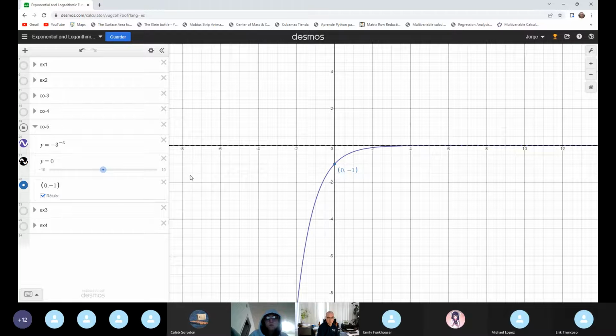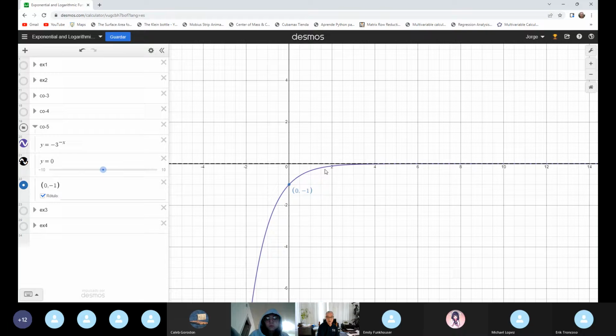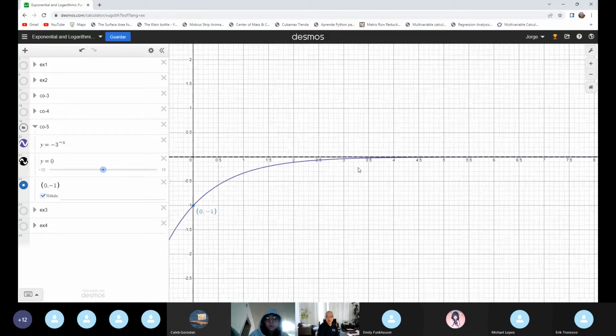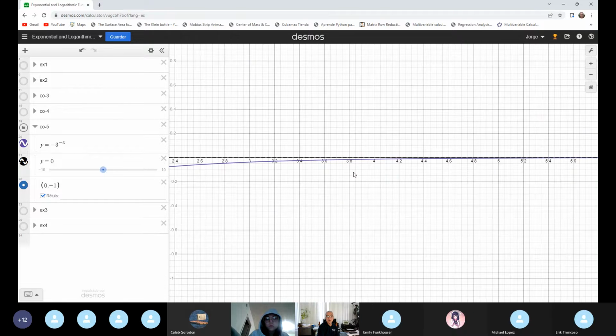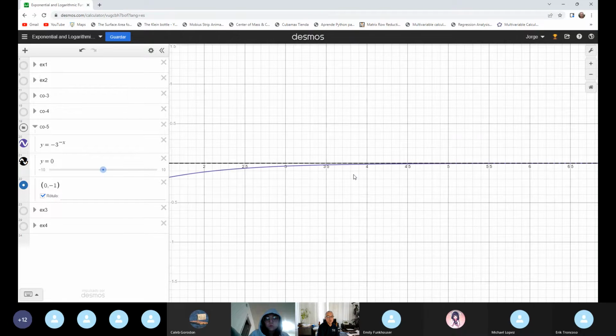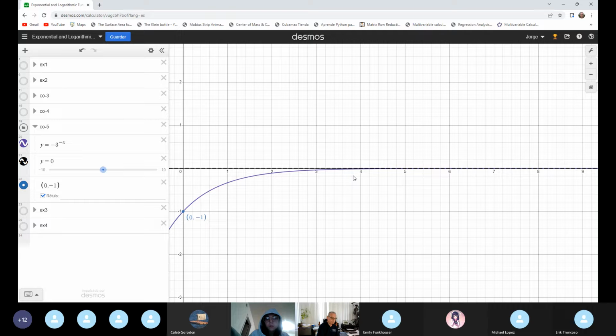And we determine we have only one intercept, the y-intercept is 0, -1, and we have no intercept in the x-axis. And the reason is clear, because it's asymptotic. You approach it close, but never touch, because it's asymptotic. Cool? Yes.